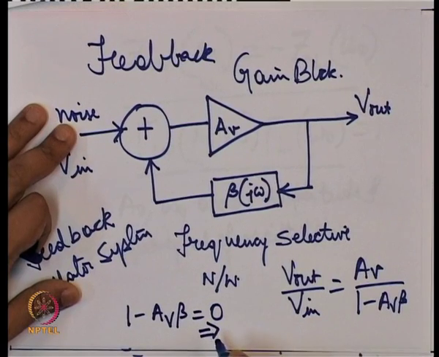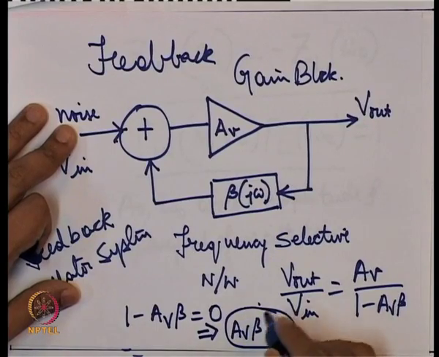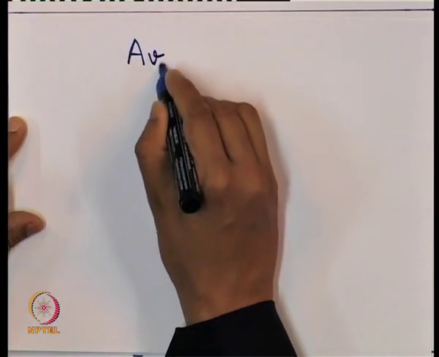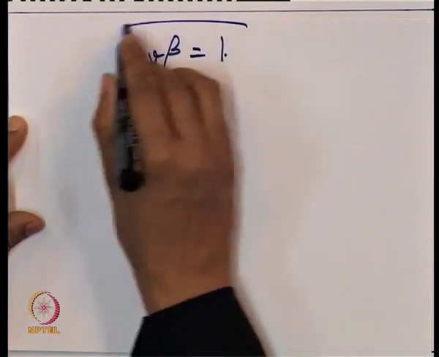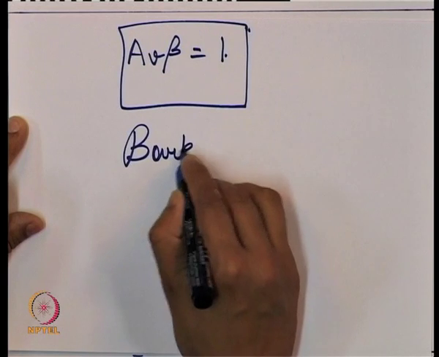This in turn implies AV beta should be equal to 1. This condition, that AV beta is equal to 1, is also known as the Barkhausen criterion.